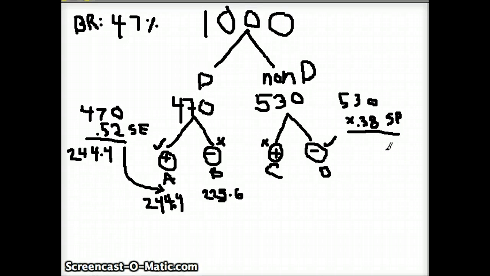And I make that out to be 201.4, which again is one of those fractional numbers that we can keep for the purposes of avoiding rounding error. But if you wanted to say 201, you would be fine. And by subtraction, we can get the number that goes in blank C, 328.6.